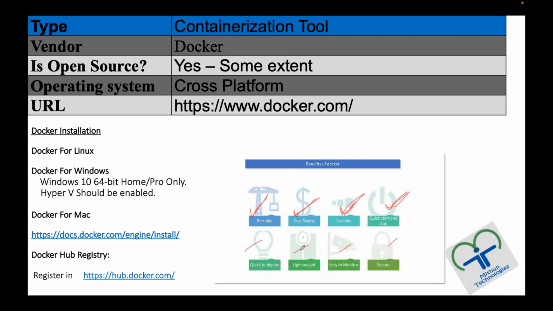Docker can be installed in Linux, Windows, and MacBook also. But in most cases, in which environment will we deploy our applications? Linux. But as a developer, you want to do something locally.